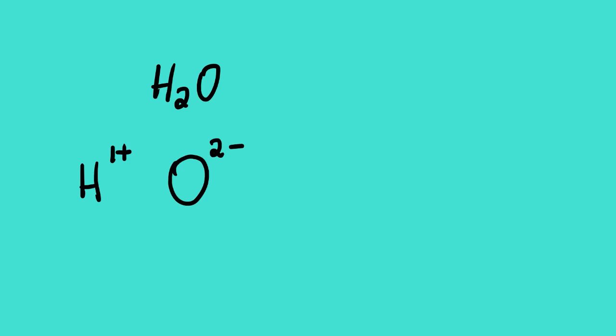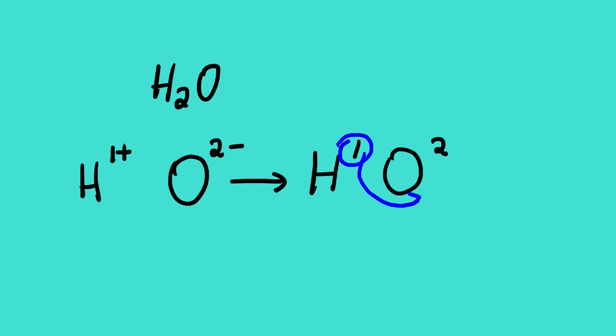Now using the method of crossover, let us rewrite this without writing the charges. This oxidation number will come here, then this one will come here.